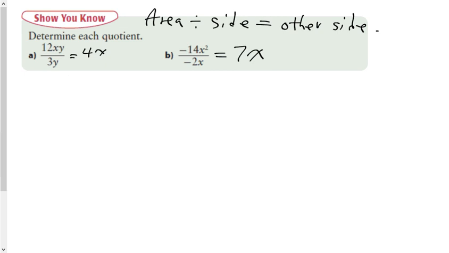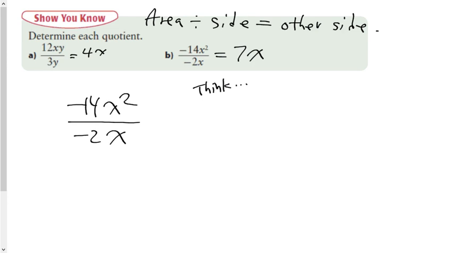So for the second question, negative 14x squared divided by negative 2x, I'm going to think, and you don't have to write this out, but, well, you do kind of, but you have to think about this. Think about negative 14 being over negative 2, multiplied by x over x, multiplied by x over 1.